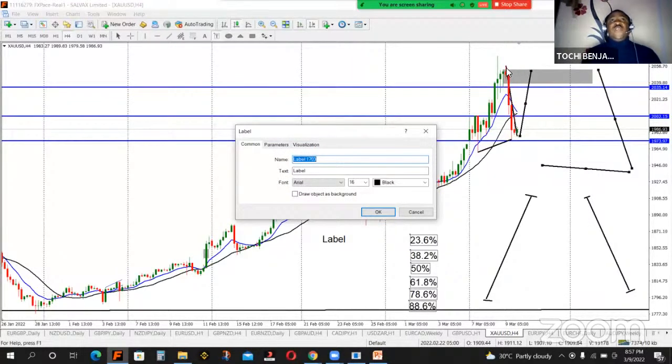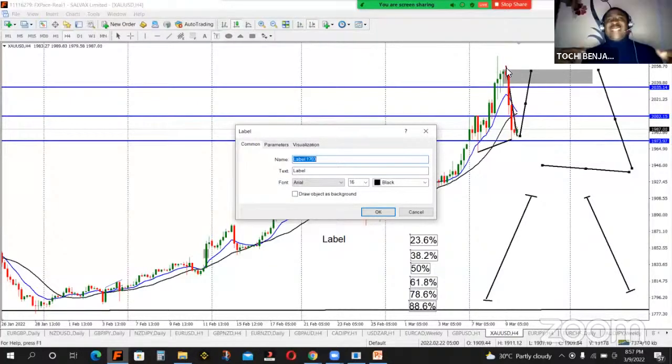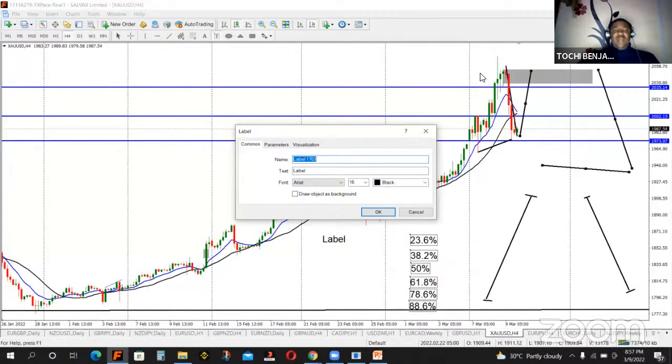If you're into chart patterns, you'll be talking about a double top. But once it takes out that double top, it tells us it is doing an extension of the swing. So what we'll be talking about is more than 100%. So we have 1.236%.